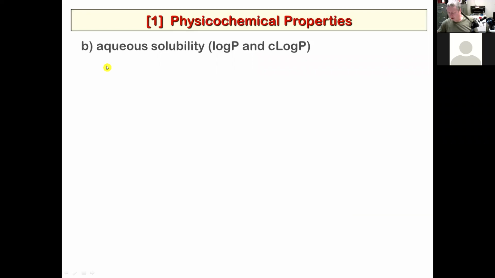Okay, so we talked about acidity, which kind of influences the absorption of drugs. What about aqueous solubility? Like if a drug is completely insoluble, like it's a grease or something, that won't work.